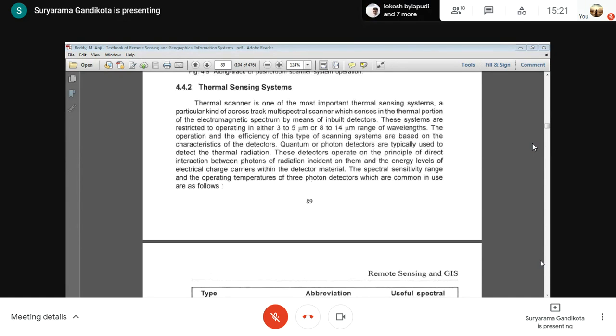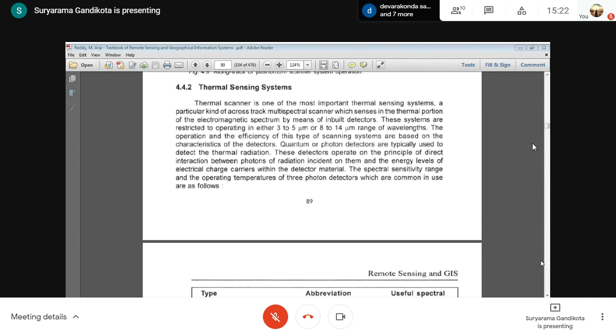So these type of materials will be operated based on the principle of photons that is coming from the sun radiation and which is incident on the objects and the energy levels of electrical charge carriers within the detector material.